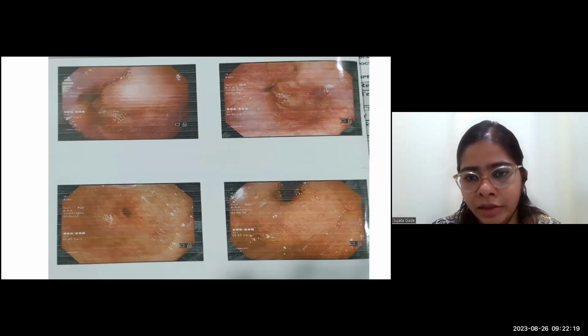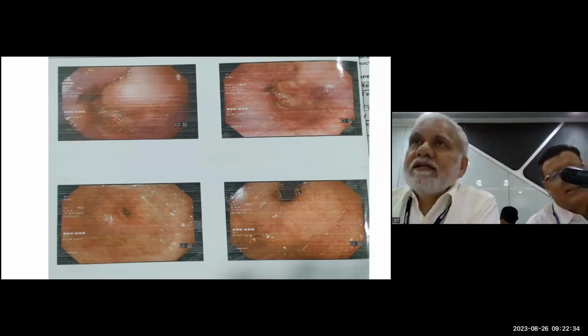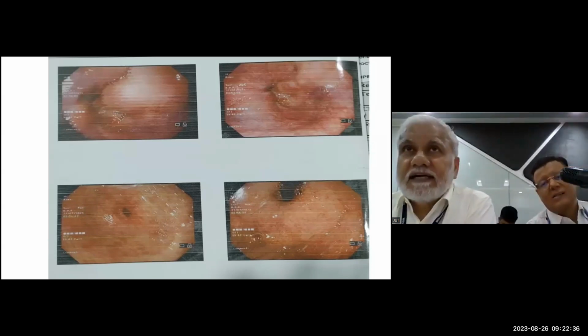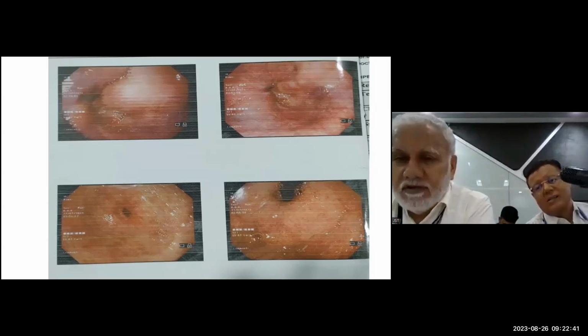A multimodality treatment should be followed for such cases. So first we will give 3 cycles of ECF regimen, and then we will assess the patient with PET scan. Don't repeat what you have already said. The question is that even if it is a resectable tumor, why do you want to give neoadjuvant treatment? Why not upfront surgery?